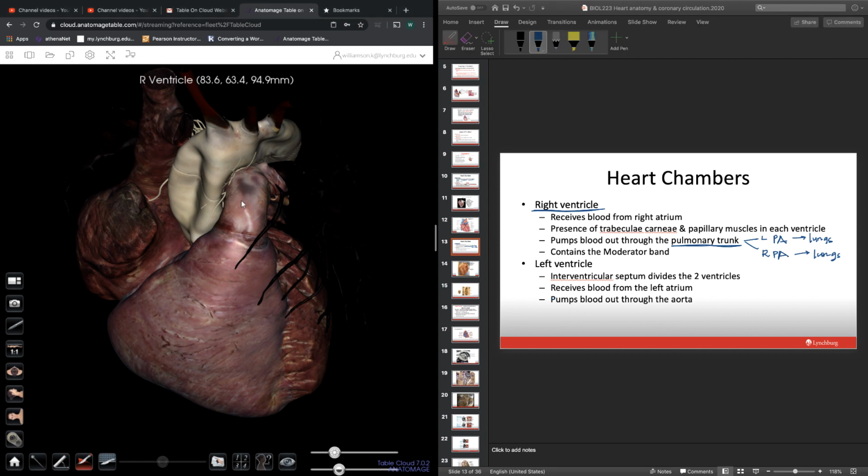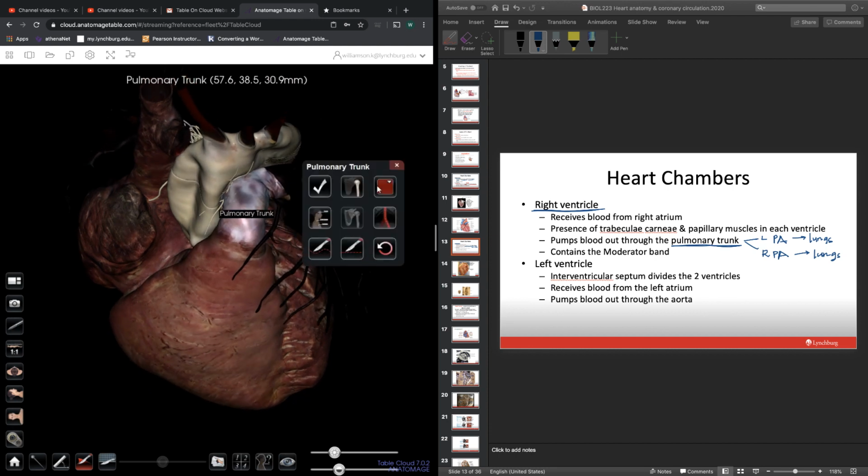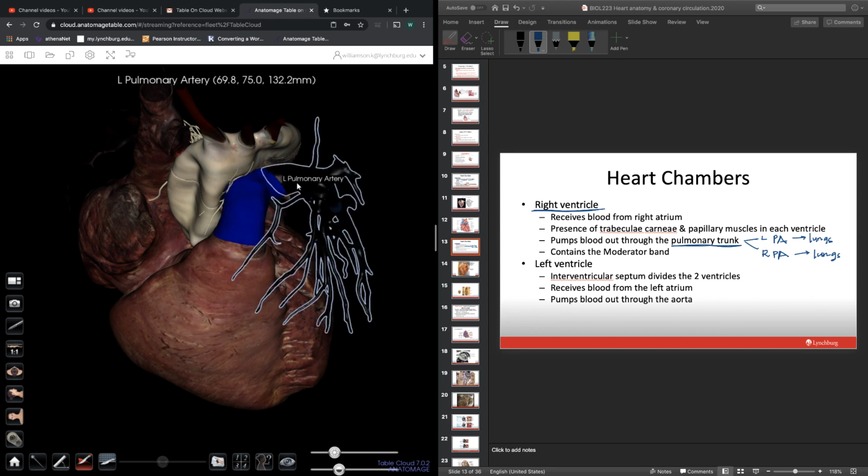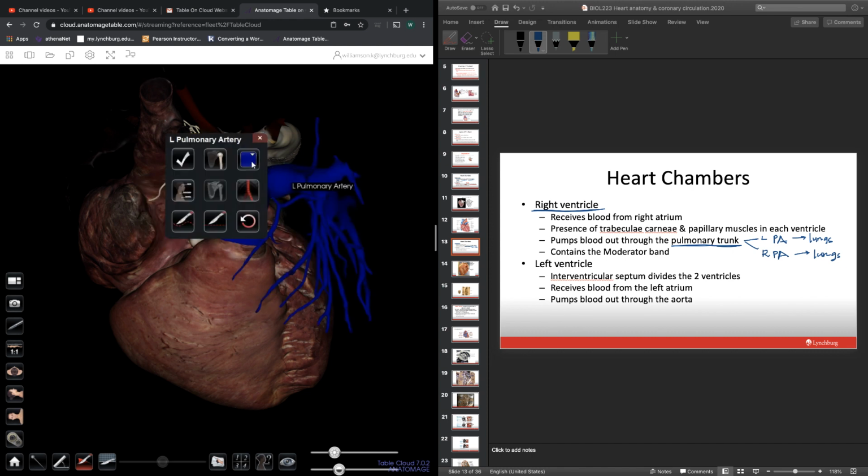If we highlight on our image here, here's our pulmonary trunk that's leaving the right ventricle. That pulmonary trunk is going to bifurcate, and the left pulmonary artery is going to send blood to the left lung.